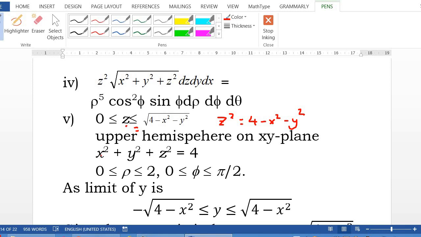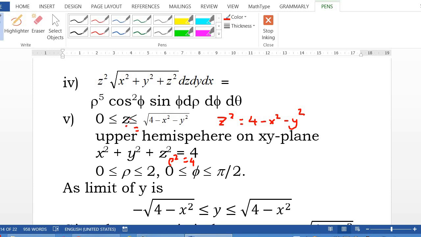When you square both sides, this is actually the sphere equation. x squared plus y squared plus z squared is your rho squared. So rho squared equals 4, so rho equals 2. So rho is from 0 to 2.